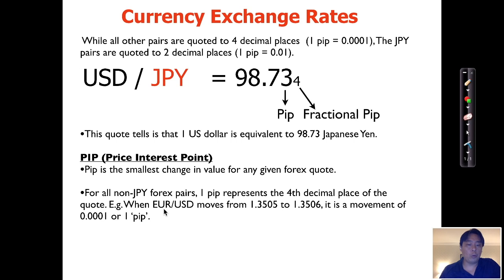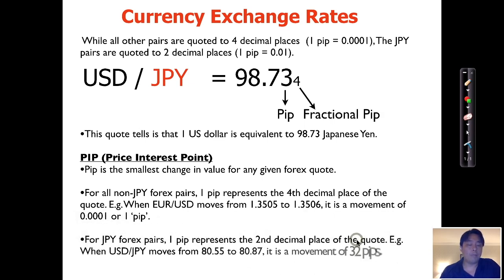When the Euro USD moves from 1.3505 to 1.3506, it's a movement of 1 pip or 0.0001. For yen Forex pairs, 1 pip represents the 2nd decimal place of the quote. When the dollar yen moves from 80.55 to 80.87, it's a movement of 32 pips. I'm just reiterating what I said, so I hope you're clear at this point in time.